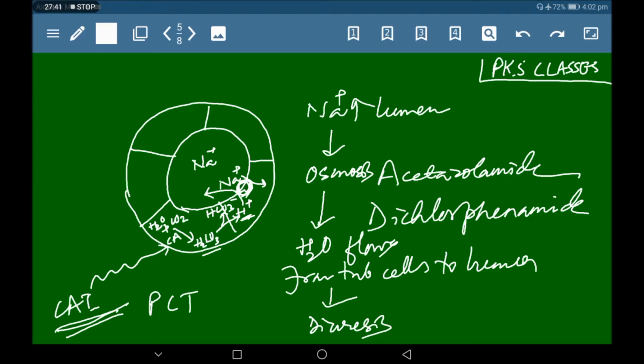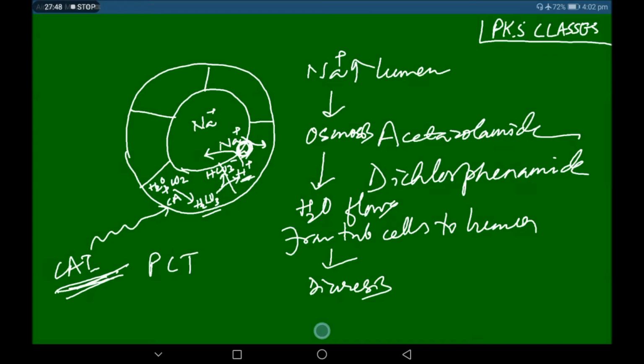In this case we can see the first group which acts on the proximal convoluted tubule. Here sodium is reabsorbed in exchange for hydrogen. So when we inhibit the sodium reabsorption, there is also inhibition of excretion of hydrogen. So here the side effect is metabolic acidosis, and the urine will be more alkaline.